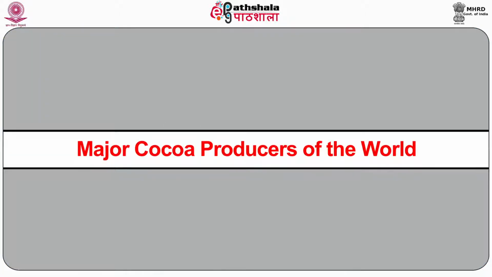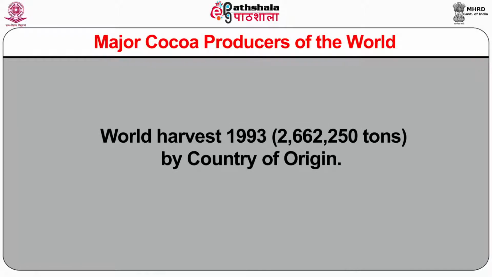Major cocoa producers of the world. World Harvest 1993, 26,62,250 tons by country of origin.